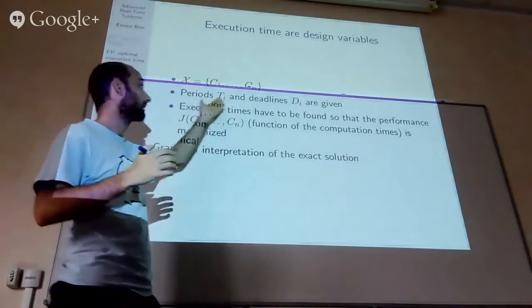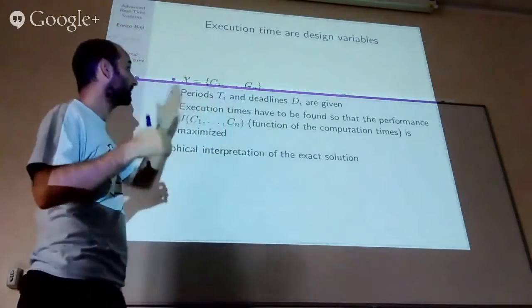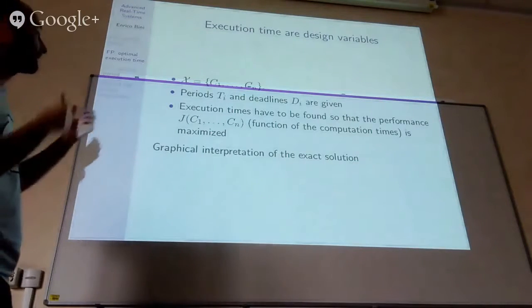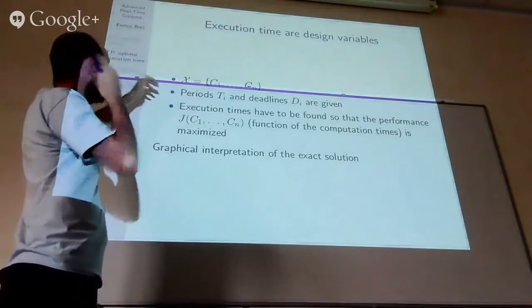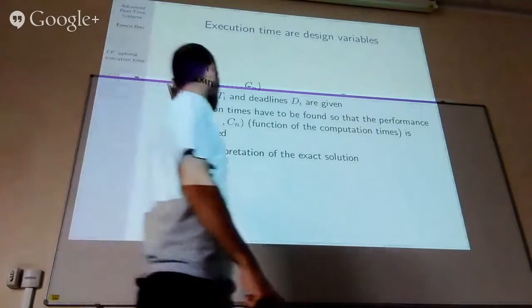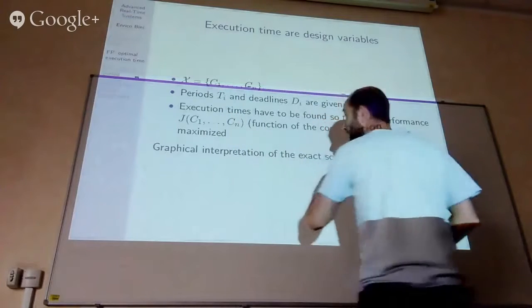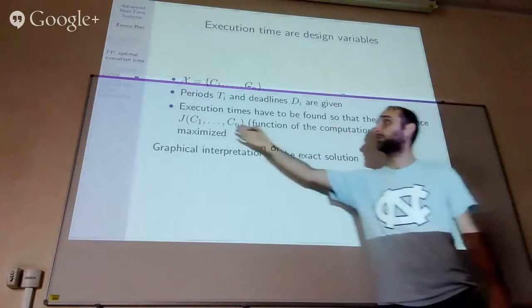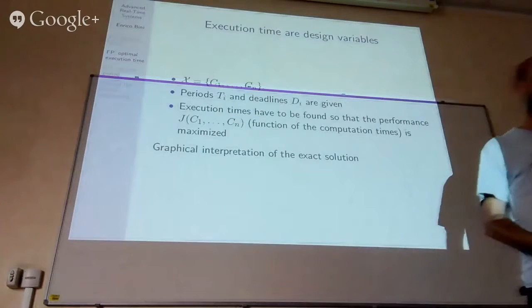So we know periods and deadlines, but the computation times are our design variables. So in this type of problem, we have the execution times, which have to be found such that this performance, as a function of the computation times, is maximized.